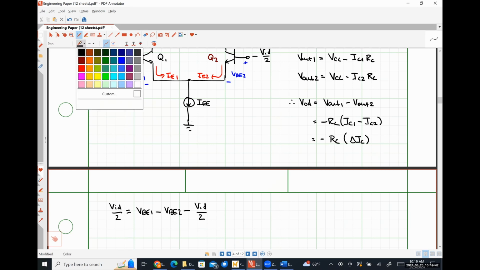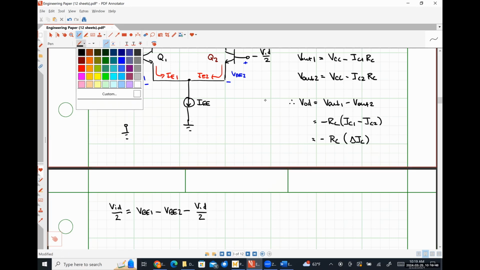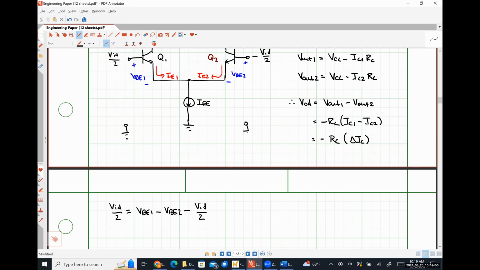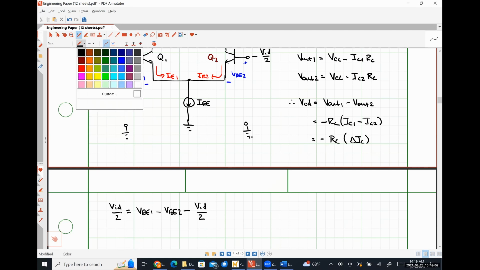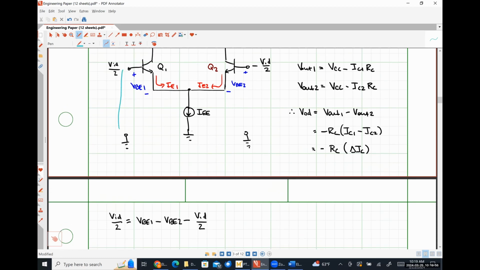So just to be wildly clear, this is the path that I have taken. Started from here, went this way, and then down to this ground. So starting from ground, ending at ground, and then moving the VID over 2 to its own side of the equation.